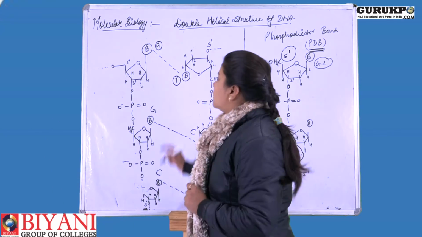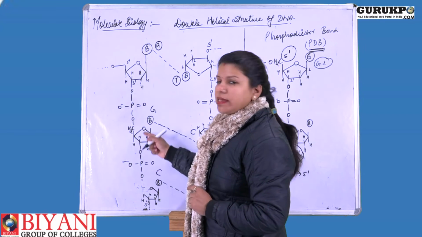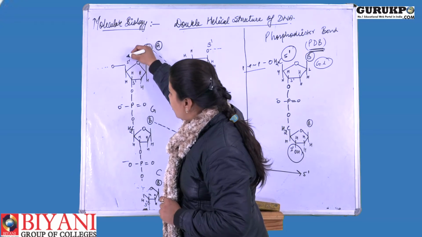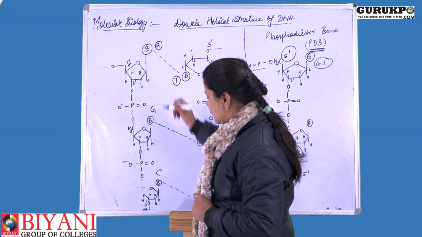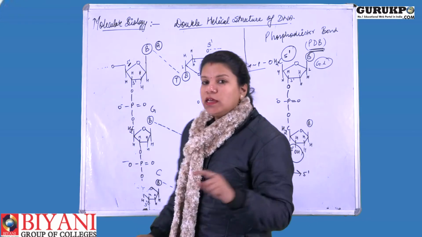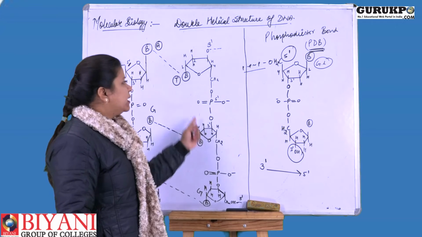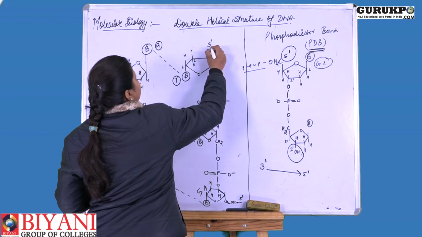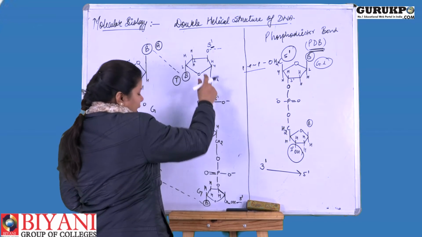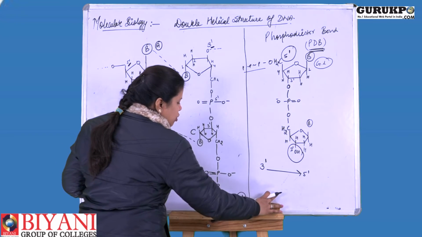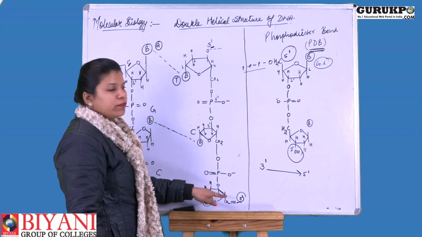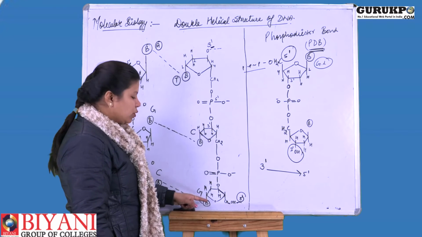The first chain, on the left side of this section, starts from the 5' position and ends at the 3' position, whereas the chain on the right side starts from the 3' position of the hydroxyl group in this deoxyribose sugar and ends at the 5' position of the sugar molecule.